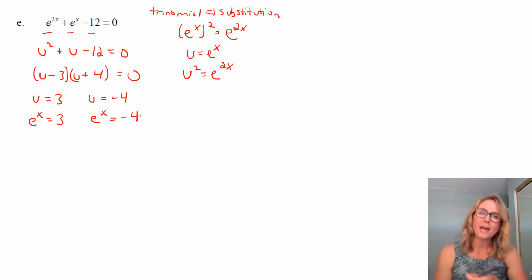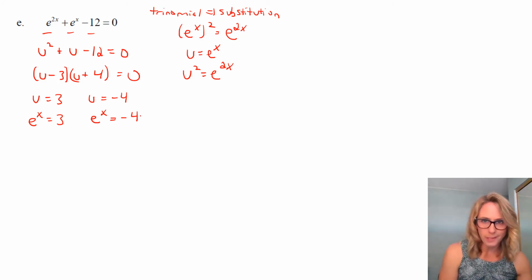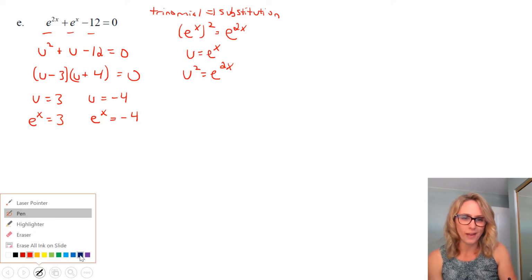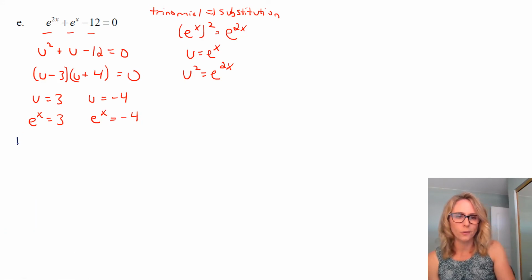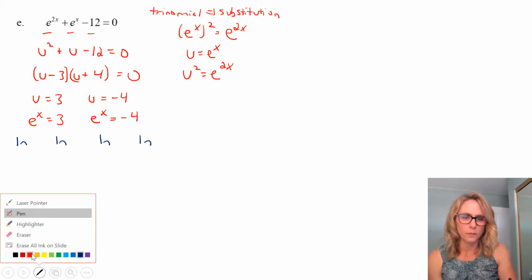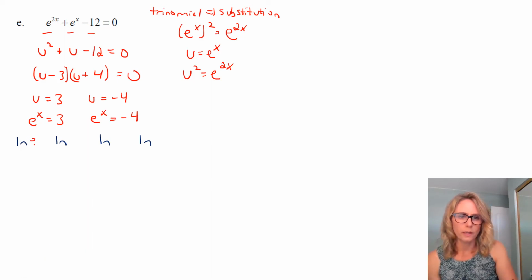And now we basically take ourselves back to the last example, except it's even more simple because it's just e to the x equals 3. So the easiest way to simplify this is to now do ln of both sides. I'm just going to put them all here, so you can see what I'm doing: ln of e to the x and ln of negative 4.